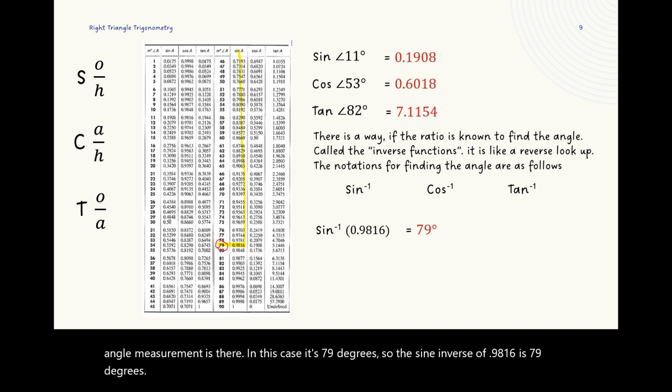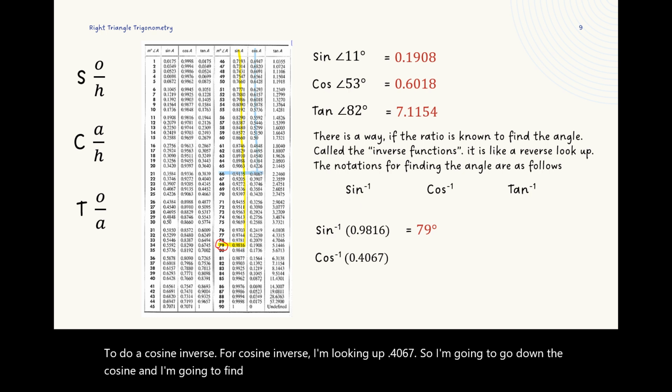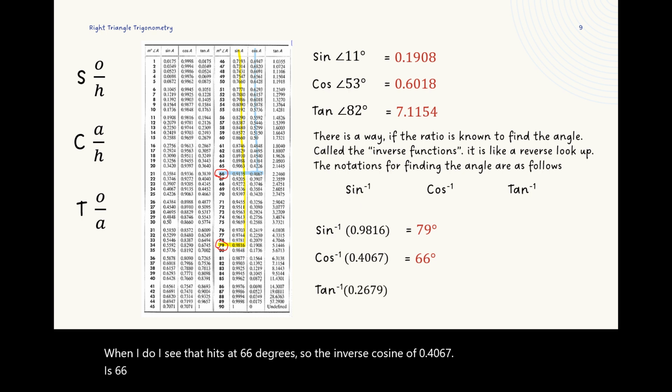To do a cosine inverse, I'm looking at 0.4067. So I'm going to go down the cosine and I'm going to find 0.4067. When I do, I see that that hits at 66 degrees. So the inverse cosine of 0.4067 is 66 degrees.